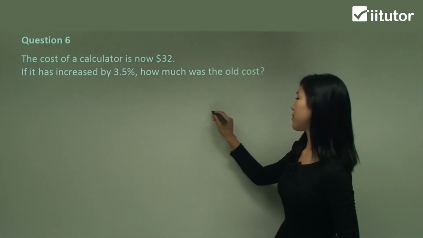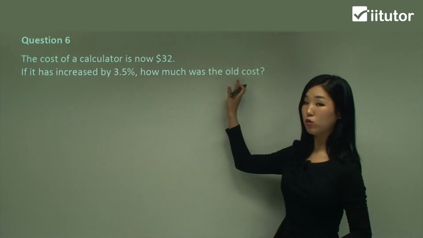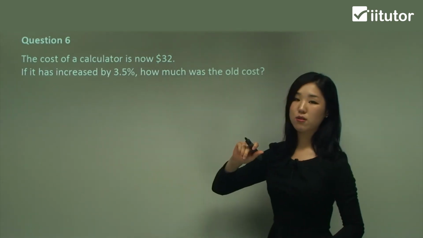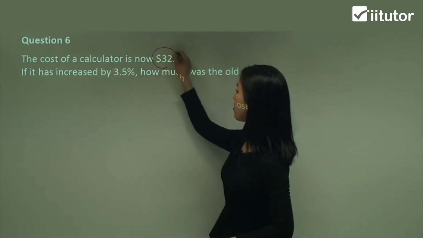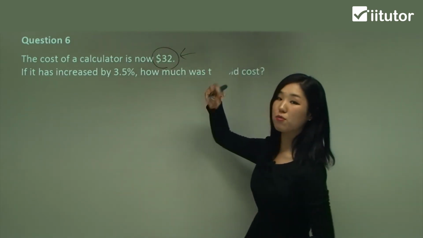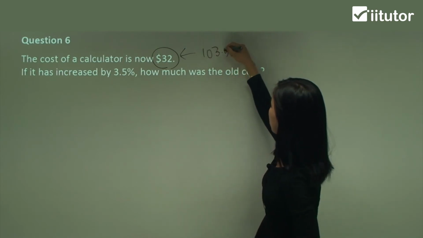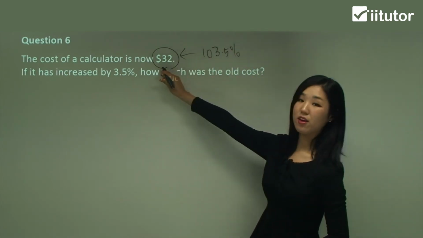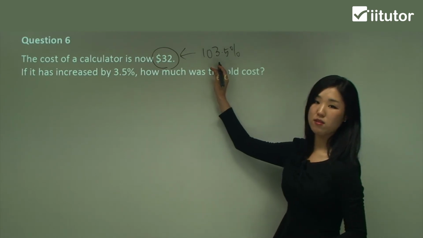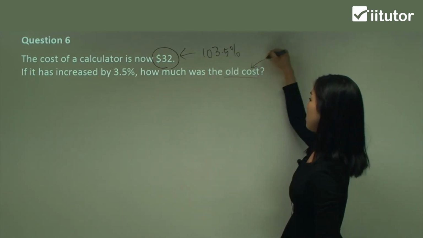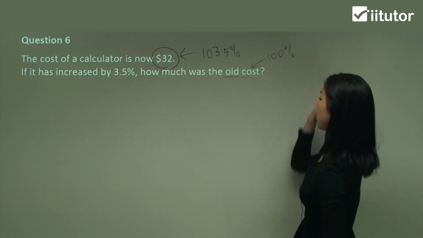So if 100% was the original price, the old cost, and it's increased by 3.5%, this one must be 100 plus 3.5%, which is 103.5%. So that value is 103.5%. The old cost is representing 100%. Just keep that in mind, okay?